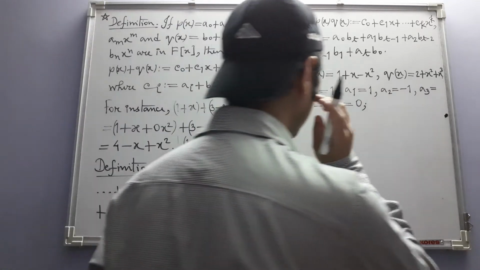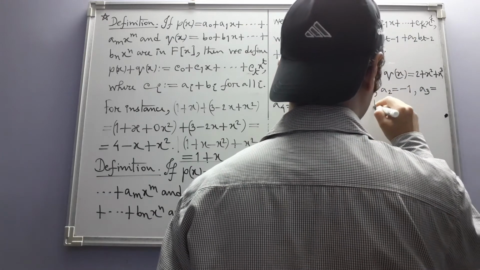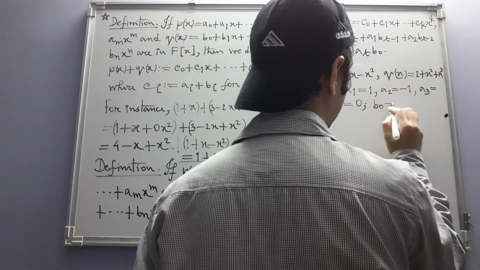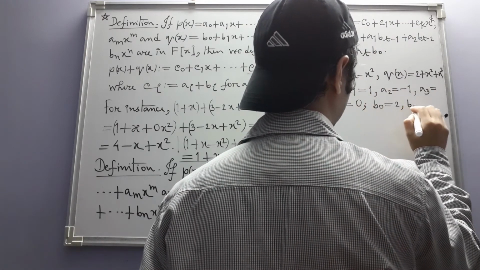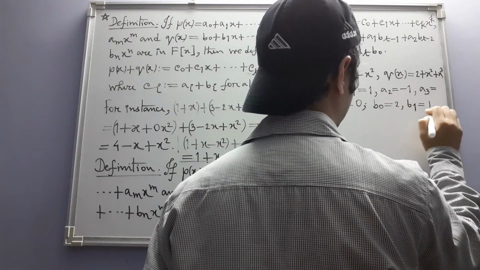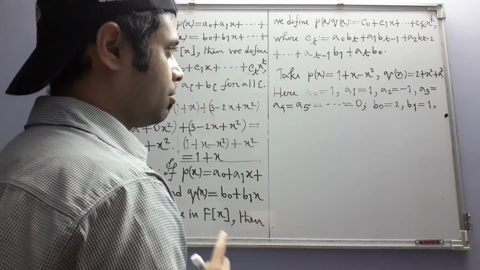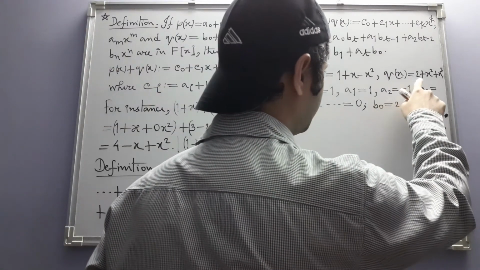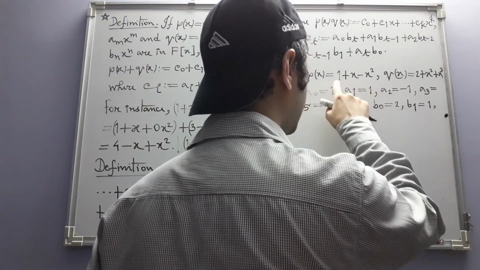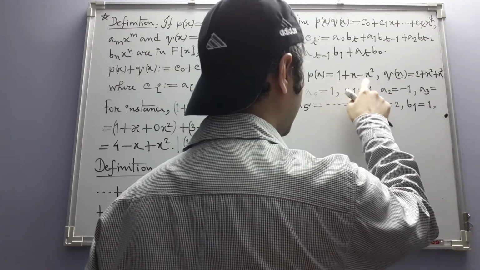Then b naught is 2, b1 is 1, oh sorry, b1 is not 1. See, I have to be more careful. Here we have a naught, a1, a2.